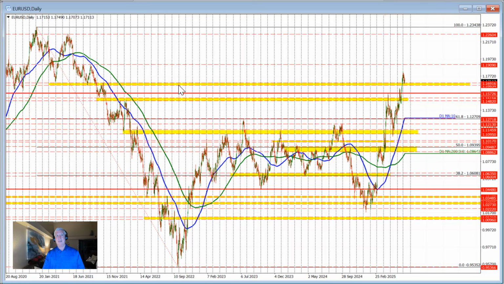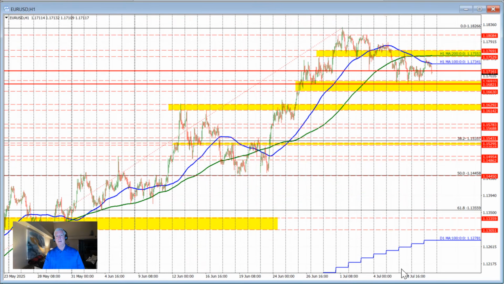So that's where that area comes from, and as you can see, since breaking above it, we've been able to stay above that level, although we've been pressing hard against it over the last week of trading, which if broken, would increase the bearish bias going forward.